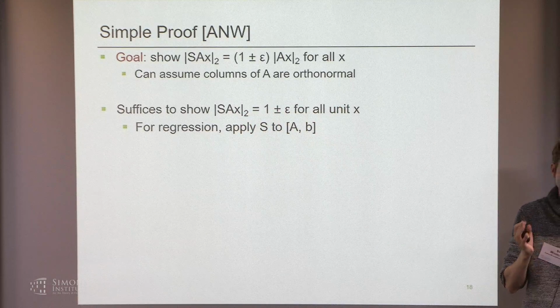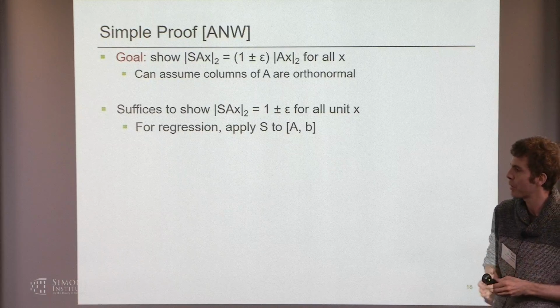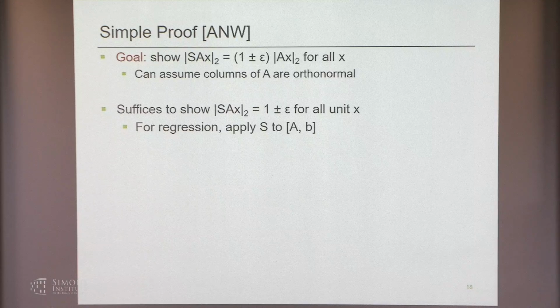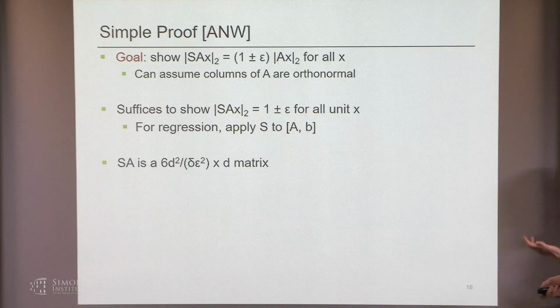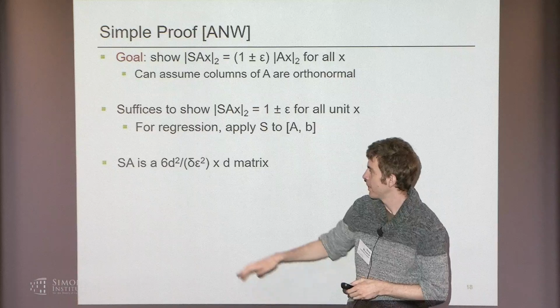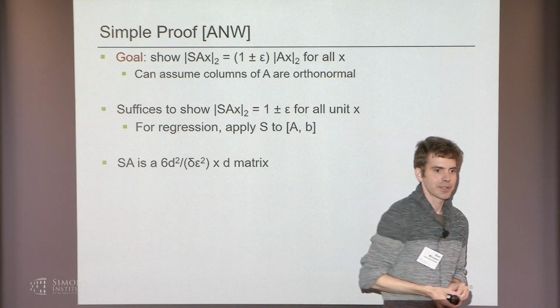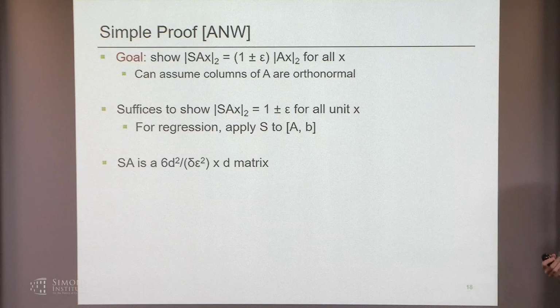And again, after we've shown a subspace embedding guarantee, we immediately get the application to regression just by applying it to [A, b]. Okay, so here's the argument. Let me instantiate the number of rows of S to be 6d squared over delta epsilon squared. As I said, it's roughly d squared over epsilon squared.